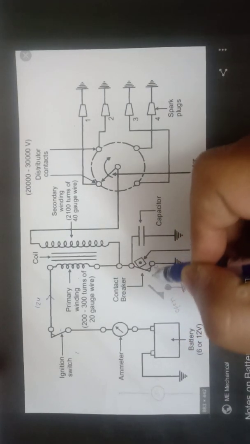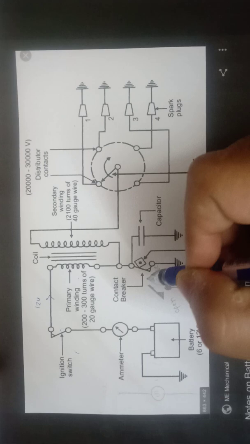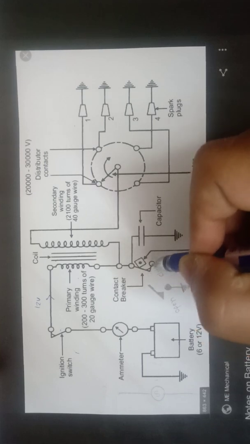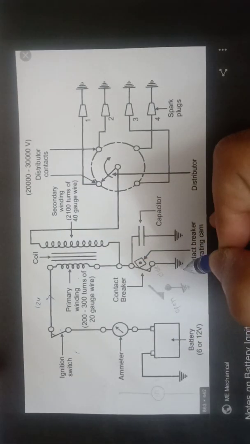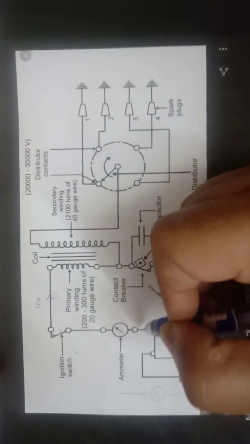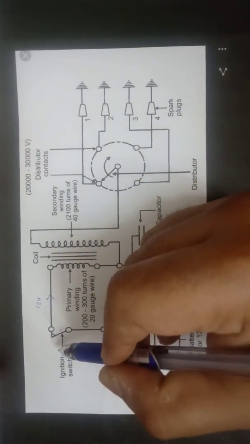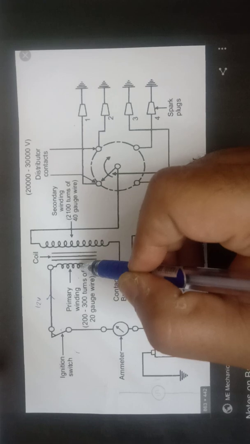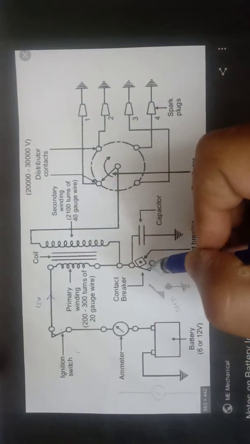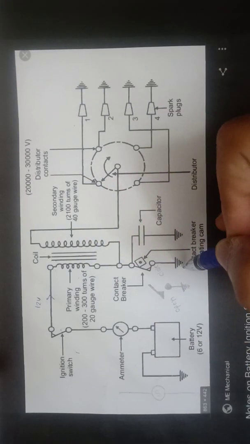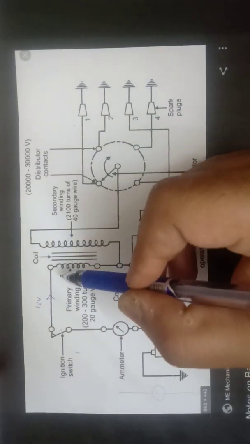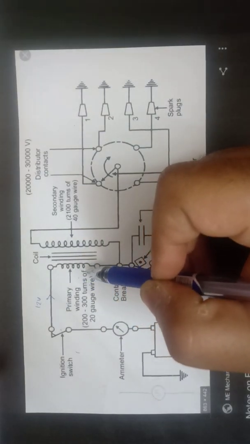As the contact breaker point is in the closed position, meaning there is contact between these two terminals, all the current is grounded and the circuit is a complete closed loop. So the 12 volt DC current will flow from the ammeter, ignition switch, primary winding, and through the contact breaker point to earth. So there is a constant 12 volt DC current.